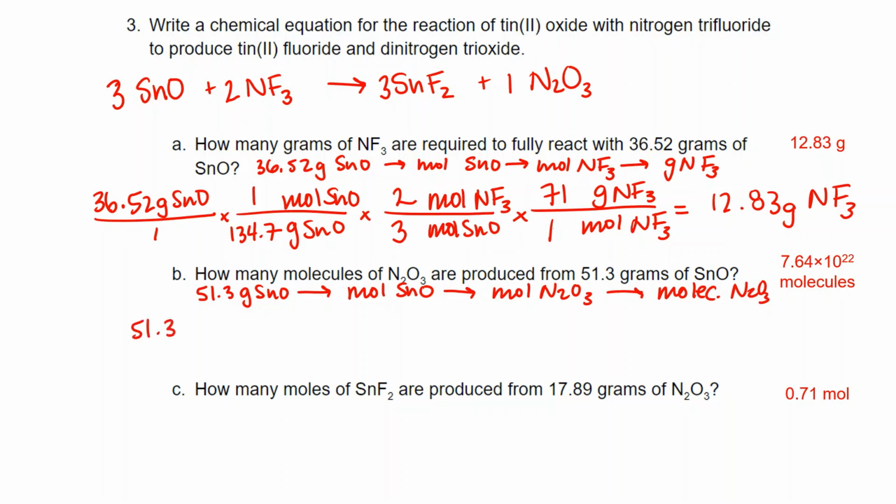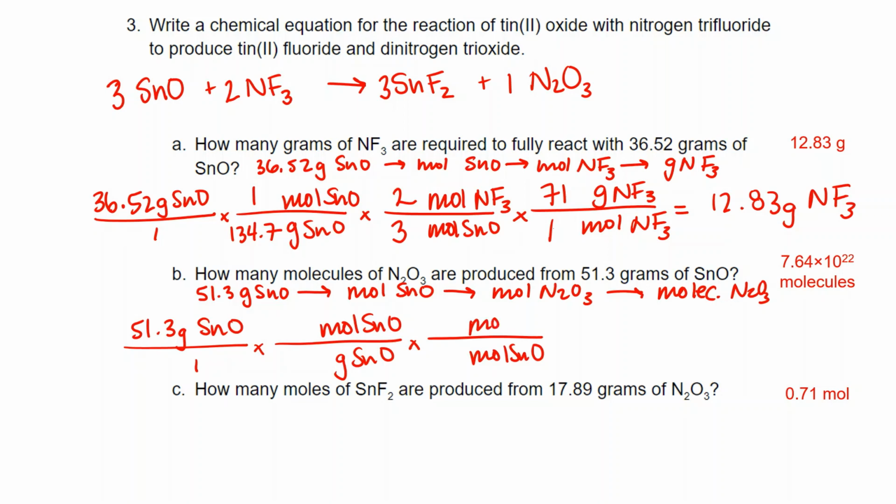So 51.3 grams of SnO over 1. I'm going to convert my grams of SnO into moles. Then I can convert moles of SnO into moles of N2O3. And then I can convert moles of N2O3 into molecules of N2O3.